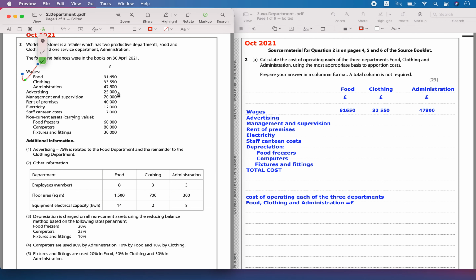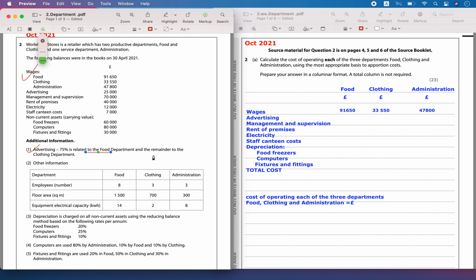Then you have the advertising. The total cost is 25,000, and you have to apportion it: 75% to the food department and the remainder, 25%, to the clothing department.